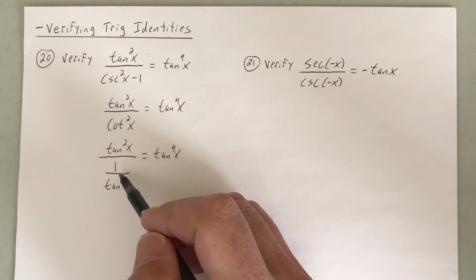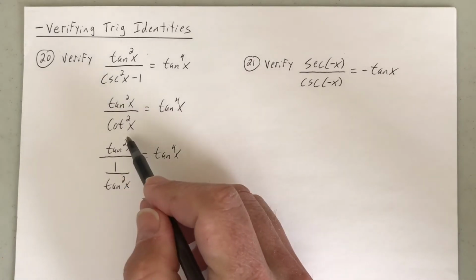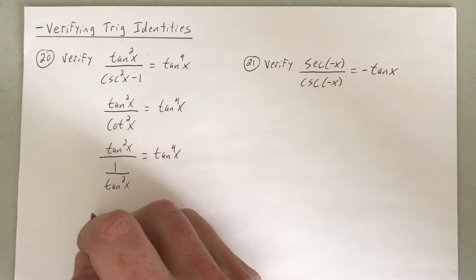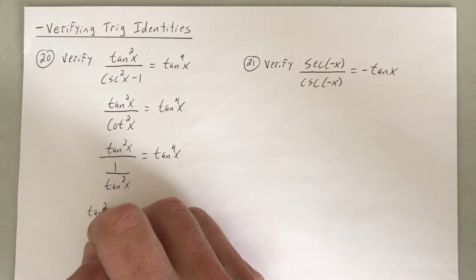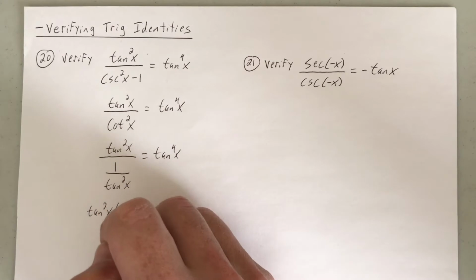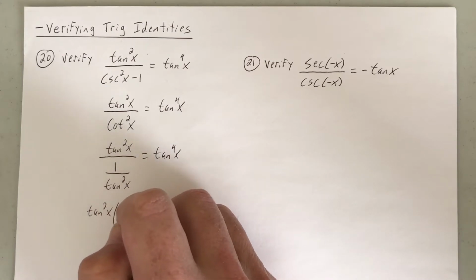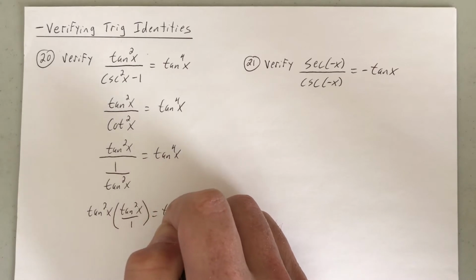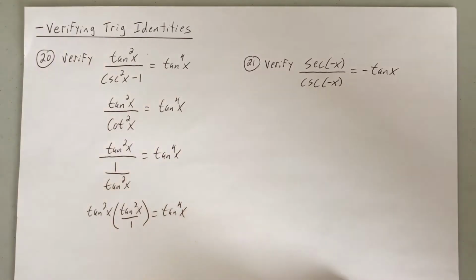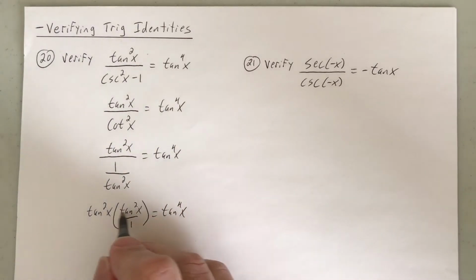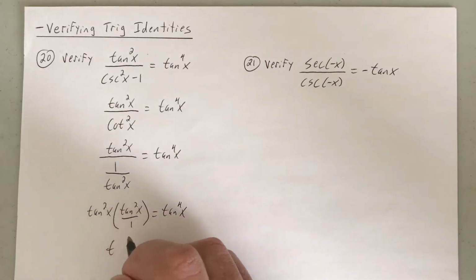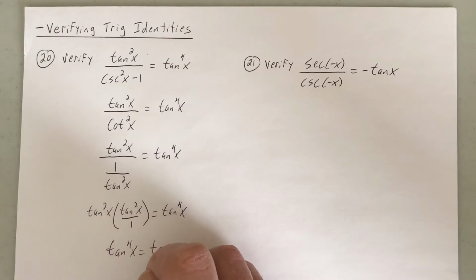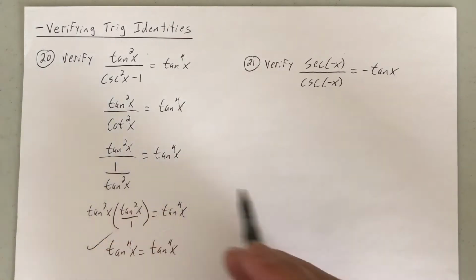When you divide with fractions, what do you do? You flip and you multiply. So this becomes tan squared x times tan squared x over 1, because you flipped and multiplied, is equal to tan to the fourth x. And then, of course, when you multiply, that gives us tan to the fourth x is equal to tan to the fourth x. So that is true.